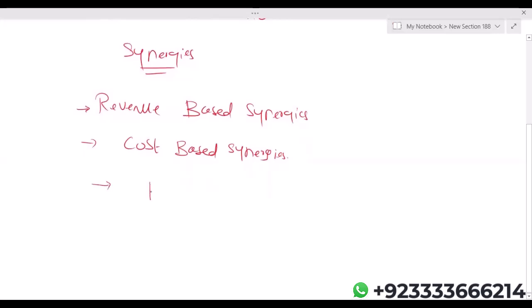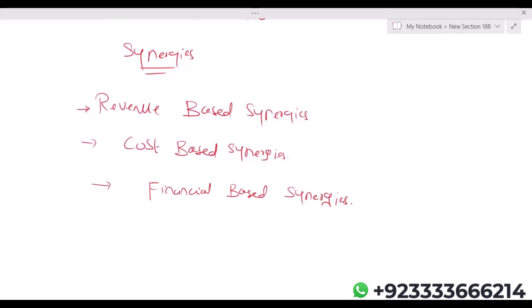And the last one is financial synergies. Now, what do you mean by financial-based synergies? Basically, when APLC acquires BPLC, it will become a bigger group. When it becomes a bigger group, it becomes easier to take a loan at a lower interest rate.